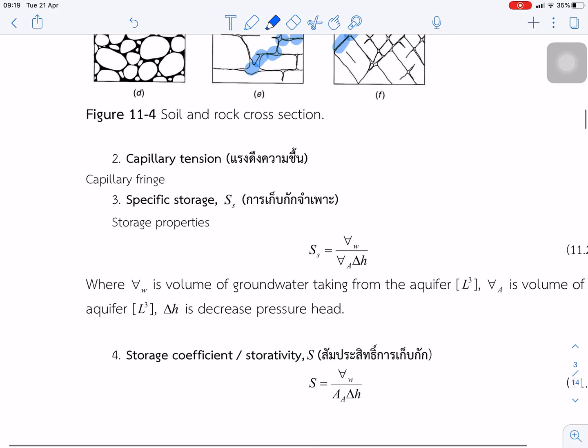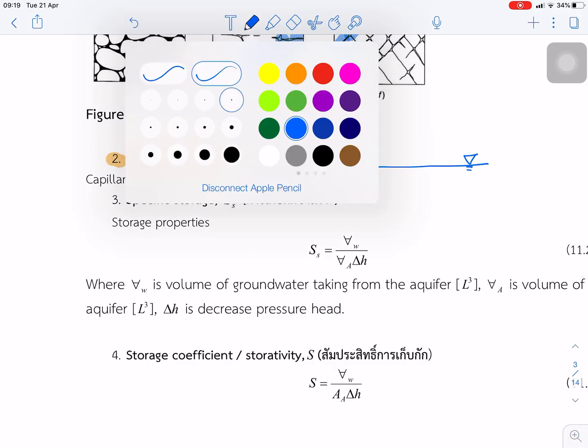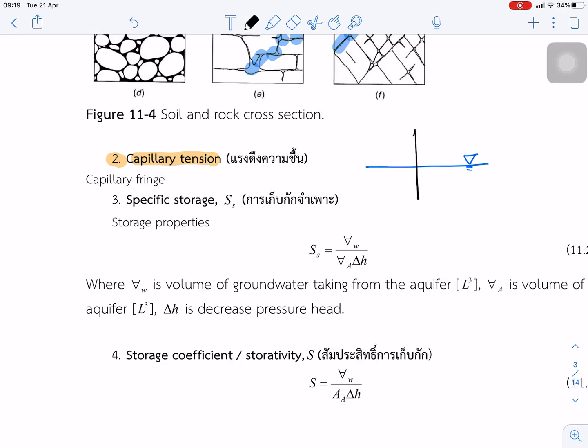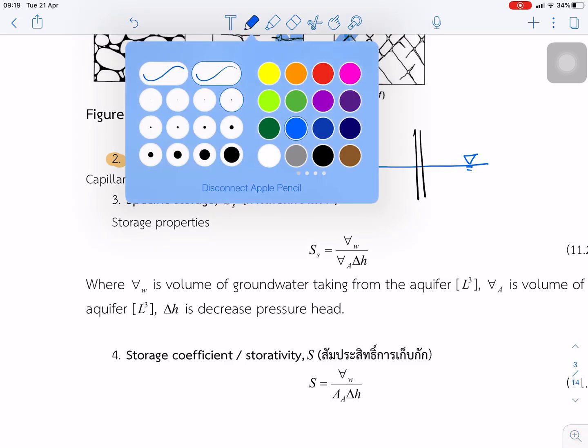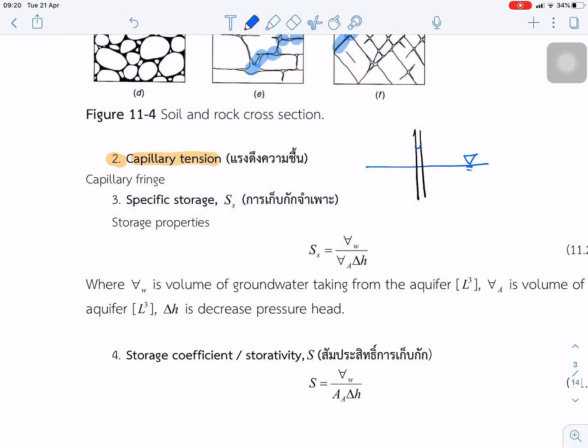The second property is the capillary retention. You can imagine that if this is the water and we put some tube, from the basic hydraulic, a small tube, in the water, we expect that the water in the tube will come up to this level.